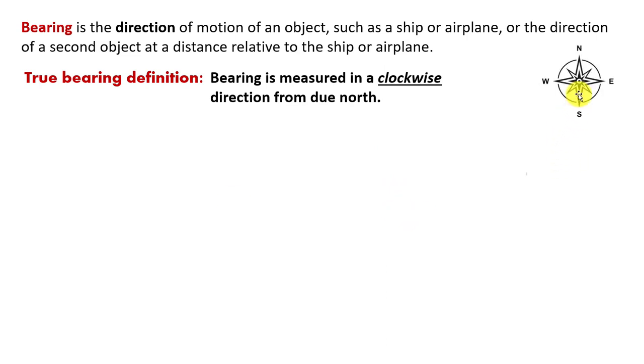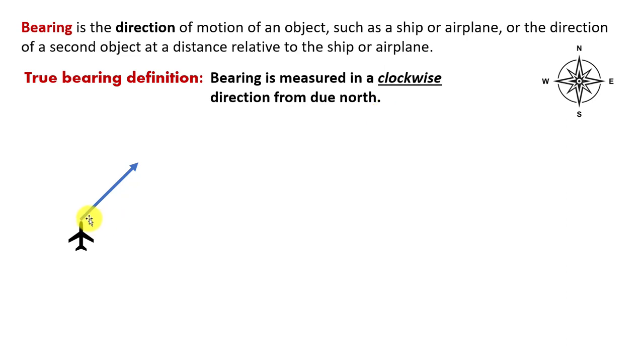To help us, I'm going to place the compass over here, just to remind us that the north direction is the one that goes vertically up. So let's assume that we have an airplane, and the direction of its motion, in other words, the direction in which it's flying, is this one. What is its bearing? As it says here, bearing is measured in a clockwise direction from due north.